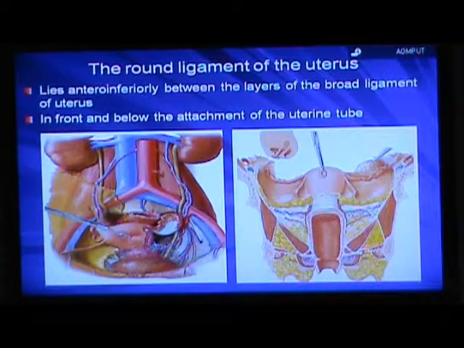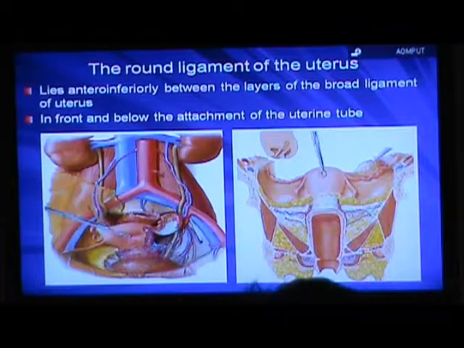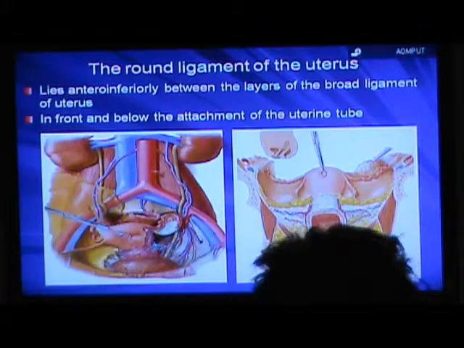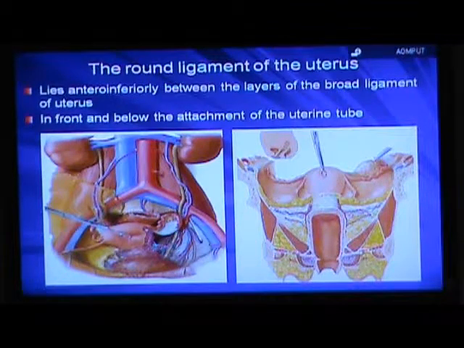And the round ligament of the uterus lies antero-inferiorly between the layers of the broad ligament of uterus. It's located in front and below the attachment of the uterine tube. So look, the uterine tube is the highest structure, which starts from the lateral horn of the uterus.